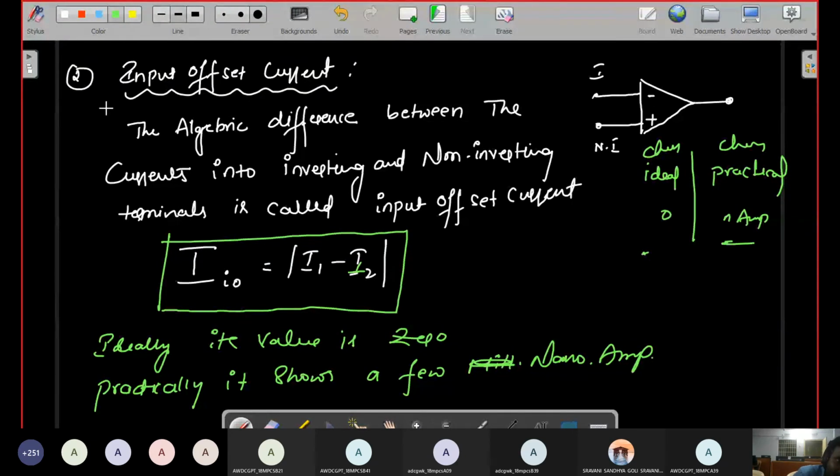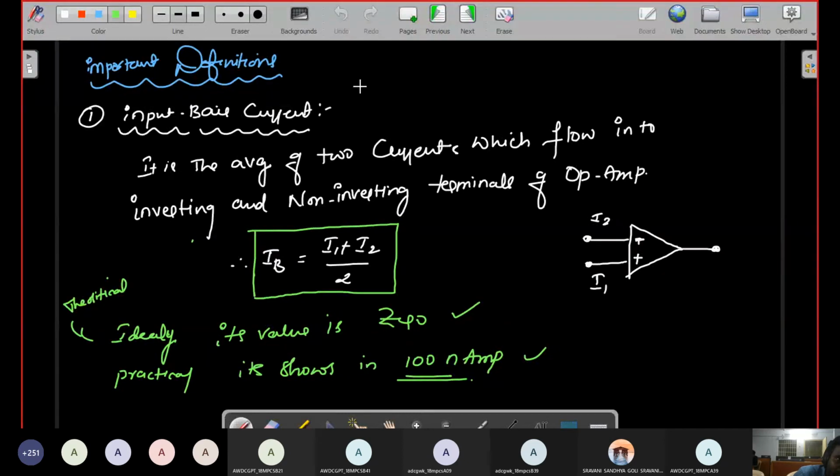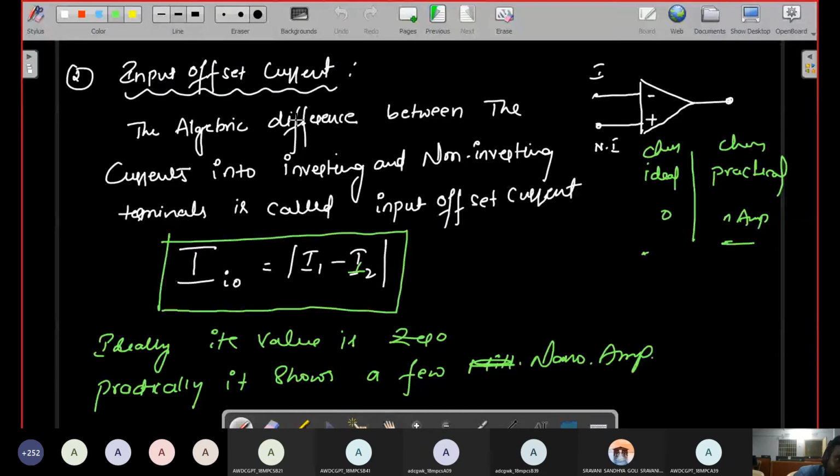Previous class I told you the first point, input bias current, for both ideal and practical, and input offset voltage, input offset current for both practical and ideal. So you have to compare the ideal and practical characteristics of the operational amplifier. That is an important question. So please note everybody.